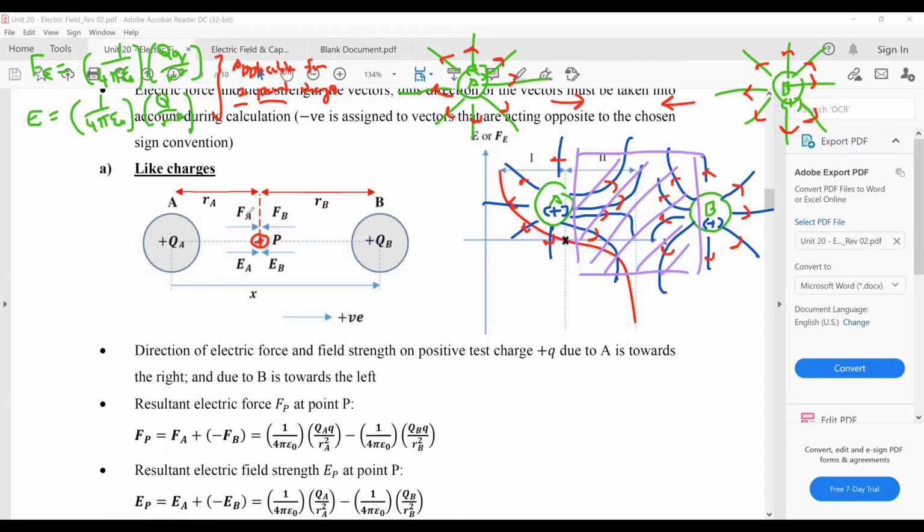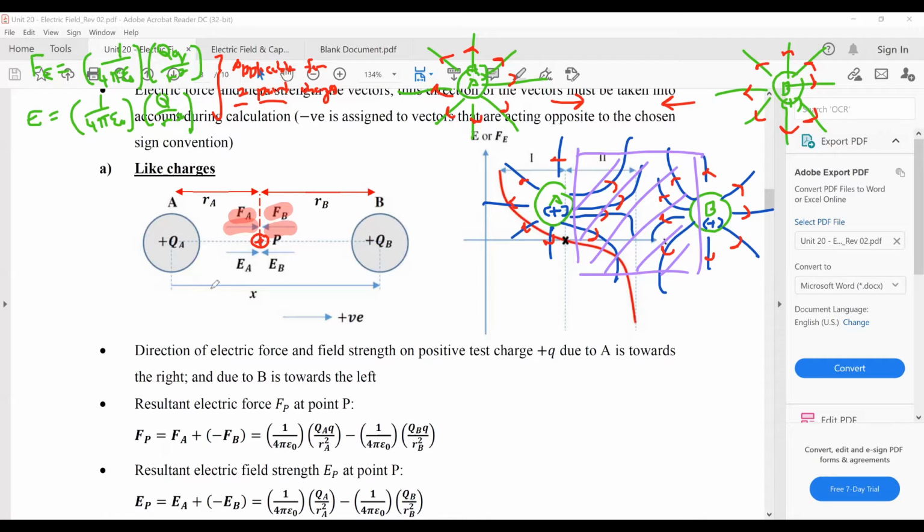If I put a positive test charge here, my electric force due to A would be in this direction because positive will repel positive, whereas the electric force due to sphere B on the positive test charge will be in this direction because again positive repel positive.